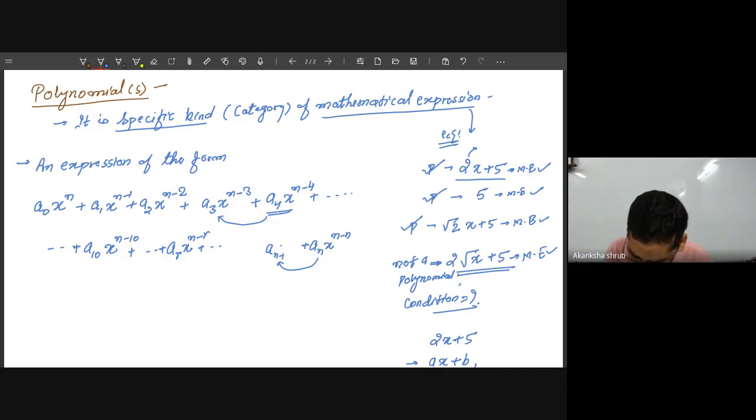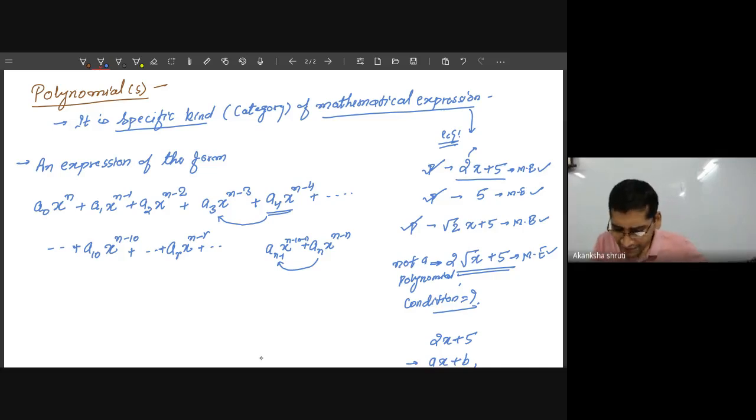What will be the degree of this? x to the power n minus bracket n minus 1. This is important, student. So you have to write it properly. This is ultimately the last term.